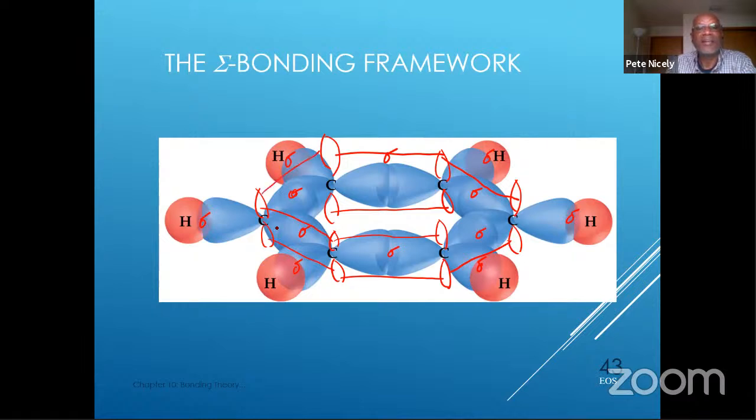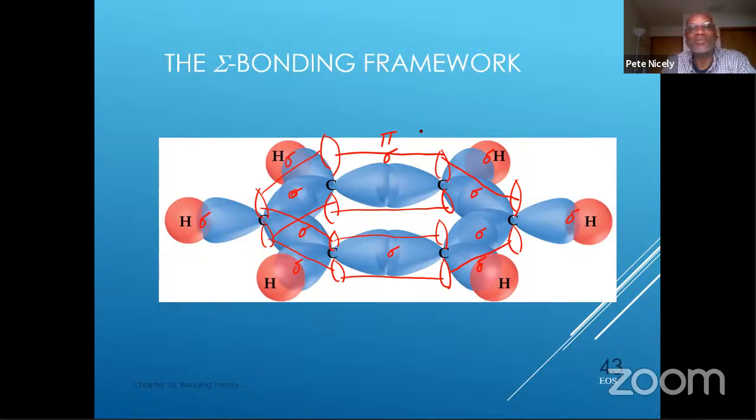So that would be the pi framework, so to speak, where you have the overlap of the p orbitals. And the result of that would be basically a ring, the pi orbital, which is what this represents. So you're going to have a pi overlap right around the ring.